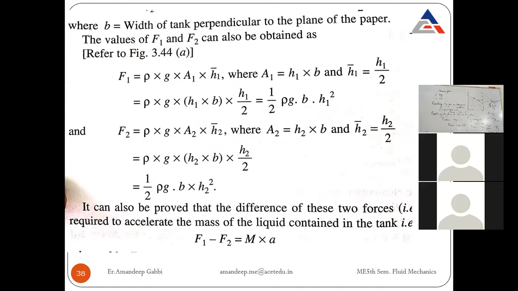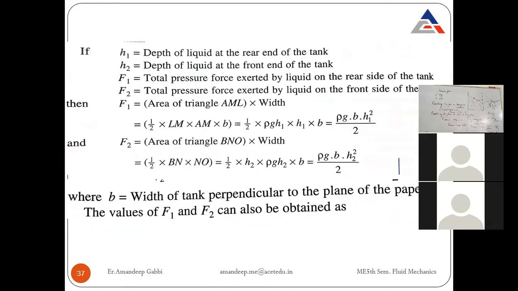Now B is the width of the tank perpendicular to the plane of the paper, and F1 and F2 can also be obtained by using rho g A1 h1 bar, where A1 is h1 into B, and where h1 bar is equal to h1 by 2. You need not go to that formula.